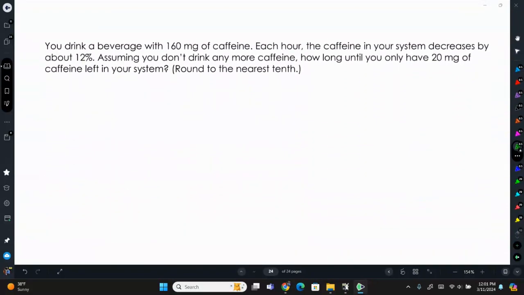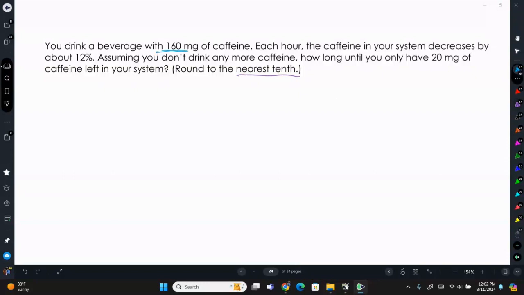All right, last one. You drink a beverage with 160 milligrams of caffeine. Each hour, the caffeine in your system decreases by about 12%. Assuming you don't drink any more caffeine, how long until you only have 20 milligrams of caffeine in your system? Round to the nearest tenth, so 1 decimal place.